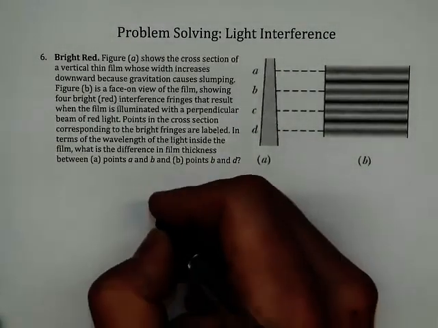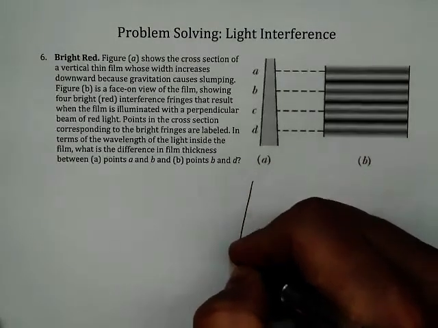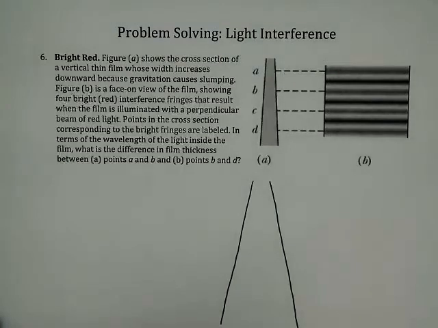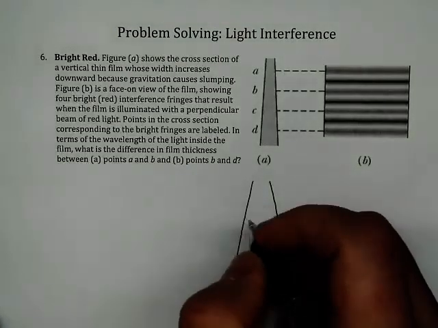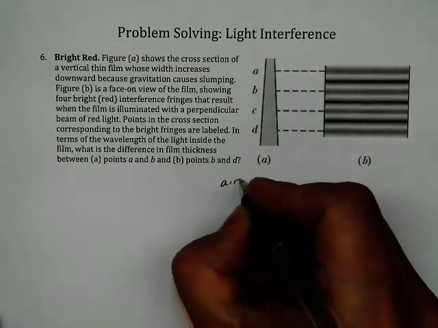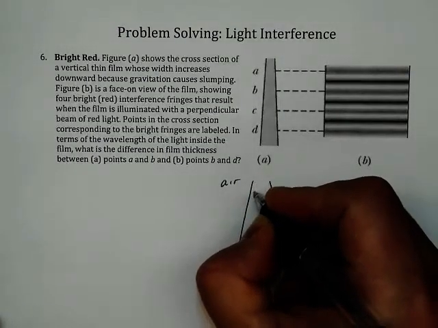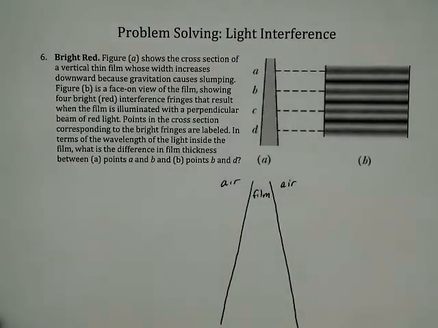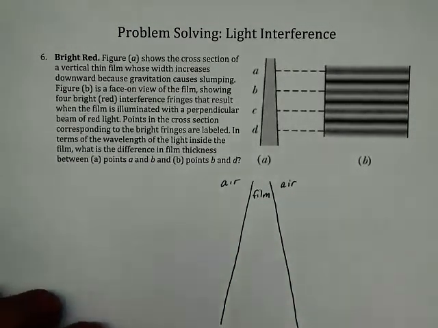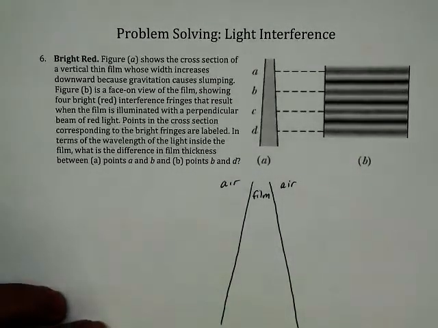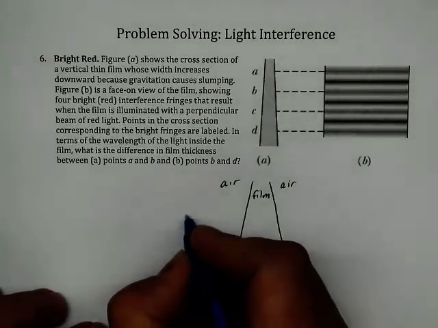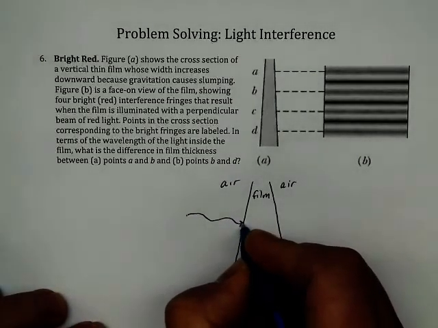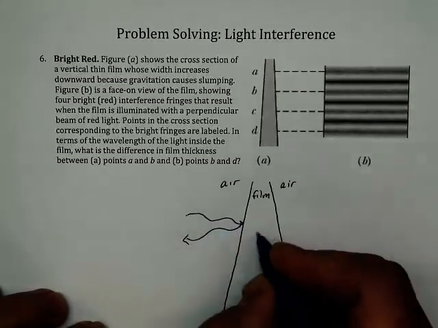Well, let's make a bigger sketch of that wedge so that we can talk about what's happening here. Again, I'm going to have air, then some film, which I'm going to assume has a higher index of refraction than air, and then air on the other side. Light comes into this layer. Part of it gets reflected off and travels back in the air.